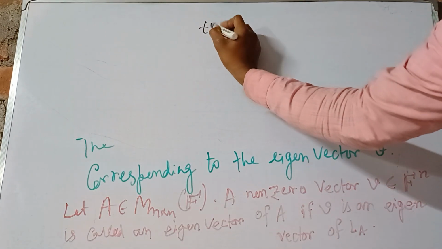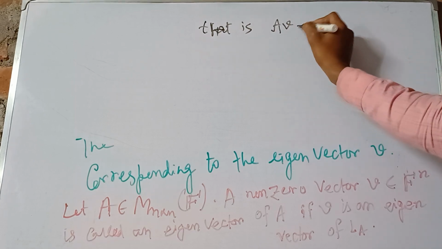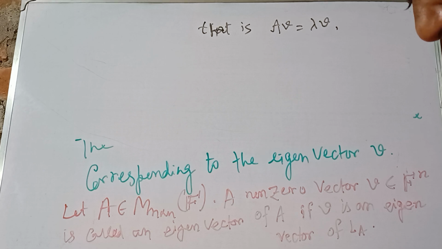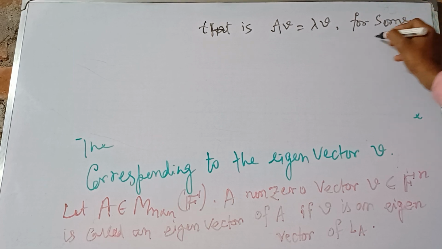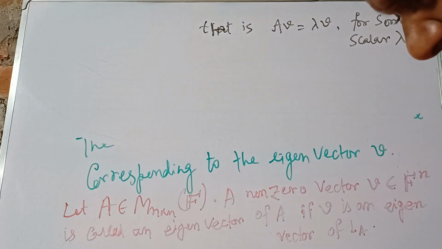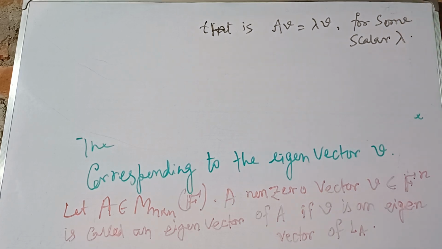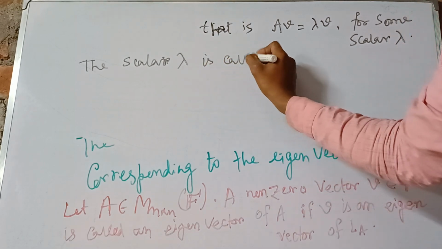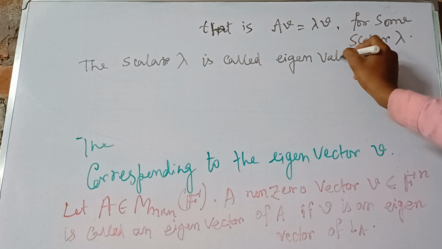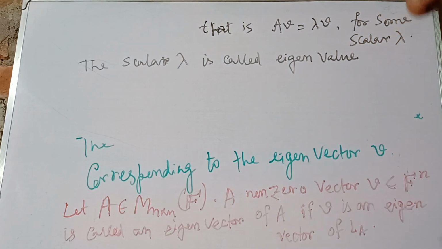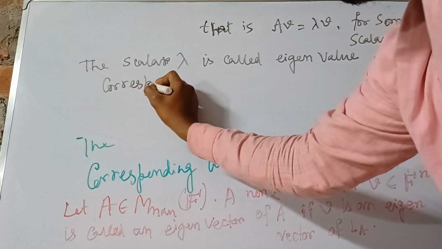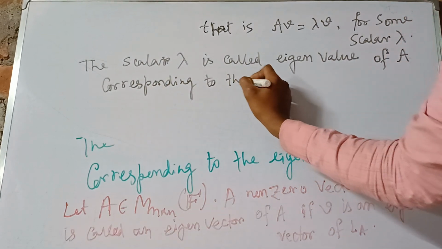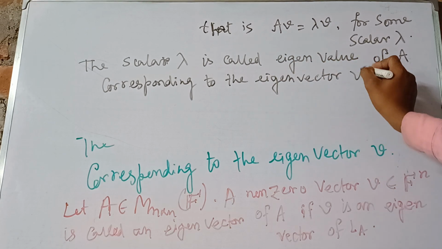That is, AV equals lambda V for some scalar lambda, and the scalar lambda is called the eigenvalue of A corresponding to the eigenvector V.